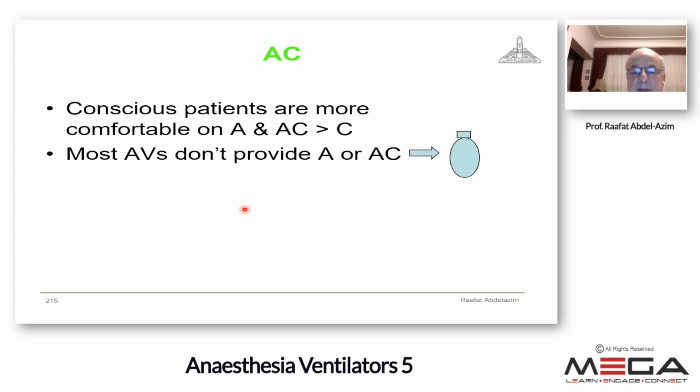If the patient starts to have spontaneous effort under anesthesia and the patient was on controlled ventilation, either volume control or pressure control, and still the operation is going on, you have to paralyze the patient to avoid this discomfort.